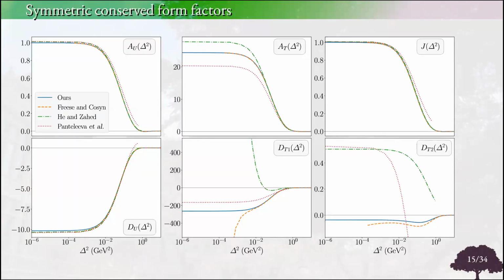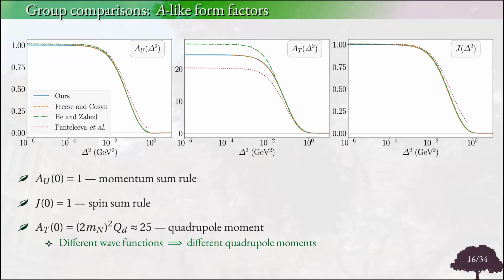For the 6 conserved form factors, these are plots of what our results look like compared to others. To go a little bit more into depth on, say, the top row, we have this A_U form factor. It goes to 1 at zero momentum transfer from the momentum sum rule. The J of 0 goes to 1 as well because of the spin-1 version of Gee's spin sum rule.